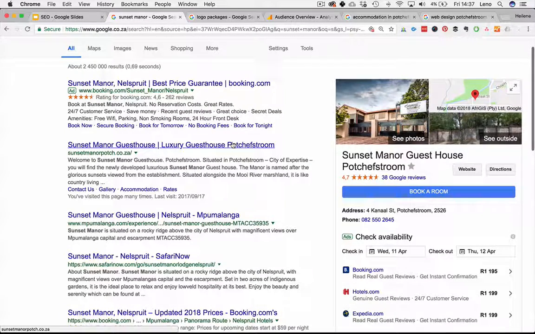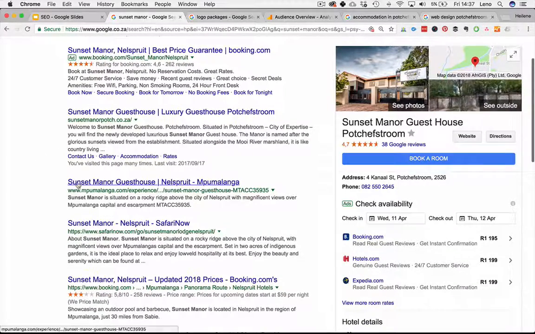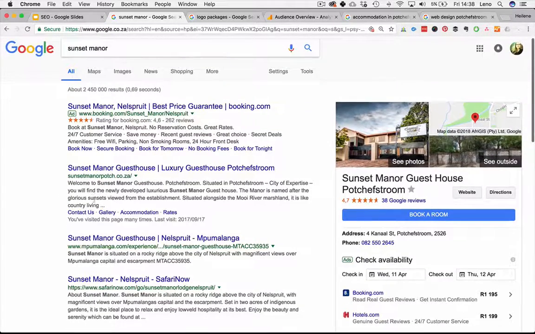So if Sunset Manor is stopping all search engine optimization, they will still remain in the first position until the second website or link is spending more effort and time on their SEO, and only then this website or link will surpass that one.